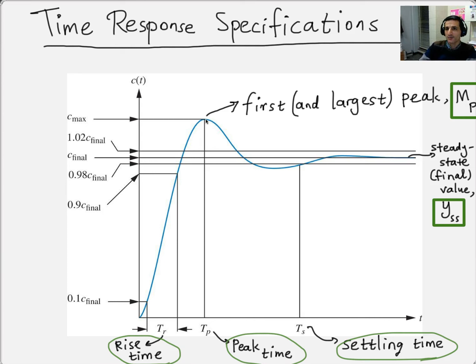We define the peak time, and the amplitude of the step response associated with that peak time is called the peak value, or the first and largest peak, MP.